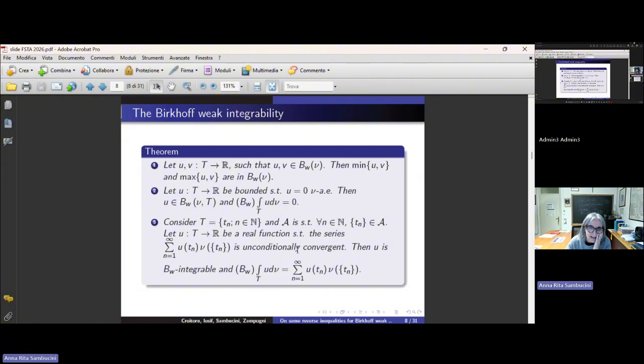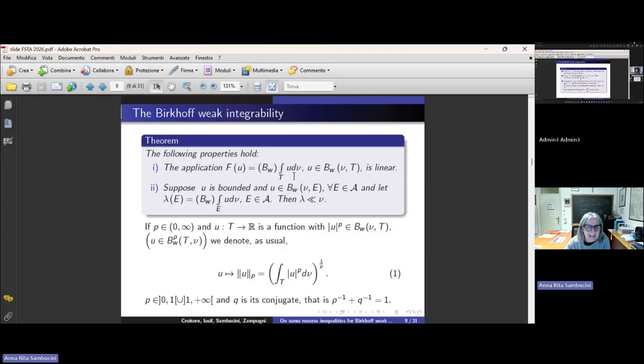If the series is unconditionally convergent, then the function u is integrable and its integral is exactly the sum of the unconditionally convergent series. Okay. The Birkhoff-weak integral is linear and is absolutely continuous with respect to nu if the function u is bounded.